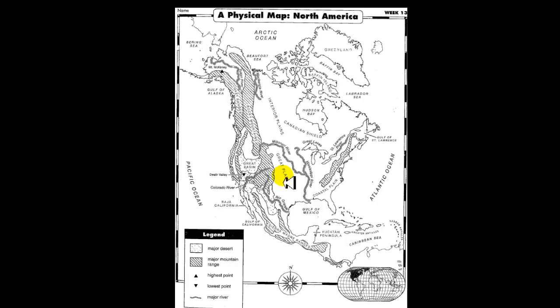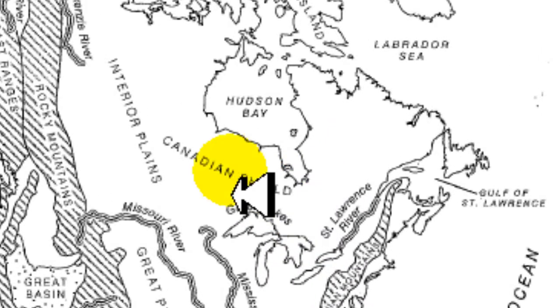You know, while we're in that area, I wanted to hit the Canadian Shield for just a second, and the Canadian Shield really is a rock formation, and it kind of makes a U shape around the Hudson Bay area right here. And you know, it's an interesting thing. We don't use the word shield that often, but it's ancient rock, and it covers most of eastern Canada.